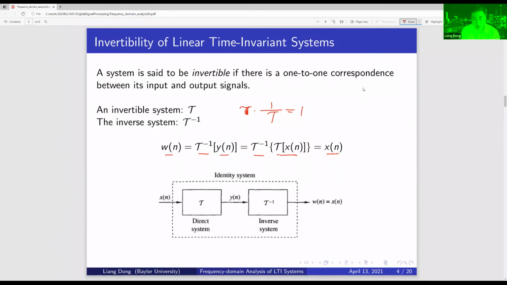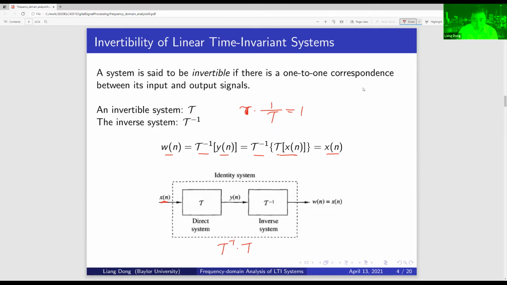We're putting this in a block diagram. So Xn comes in here, goes through a direct system T, and becomes signal Y. Y goes through an inverse system, T to the power -1, and gives me the final output Wn. And we want to have Wn equal to Xn. Therefore, the entire thing in this dotted box is an identity system. This is T to the power -1 times T, those two operators.